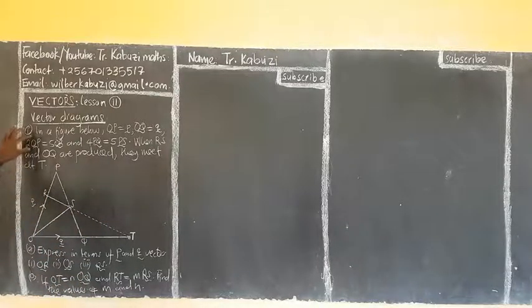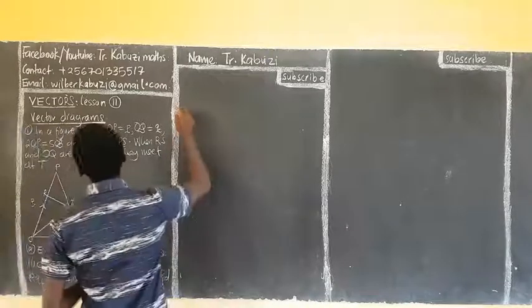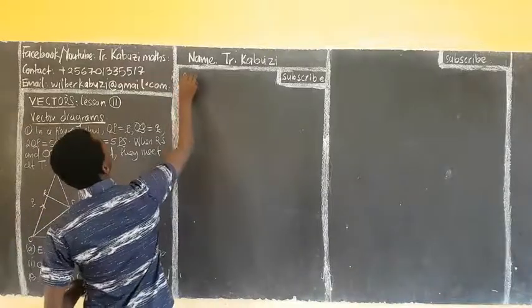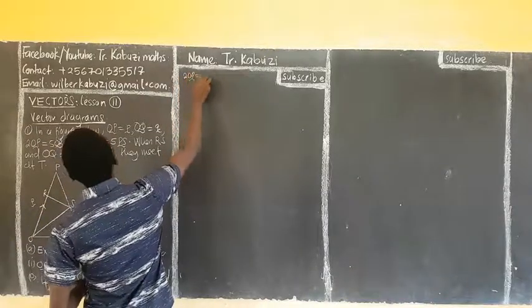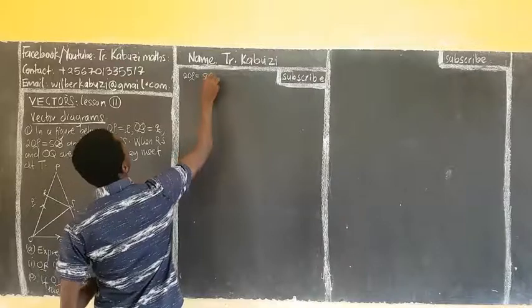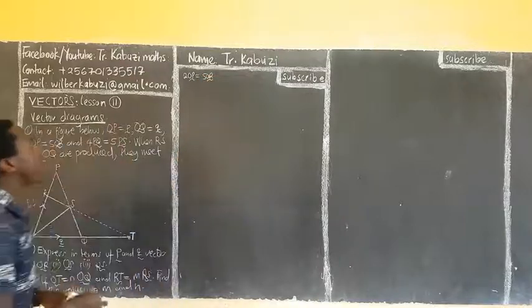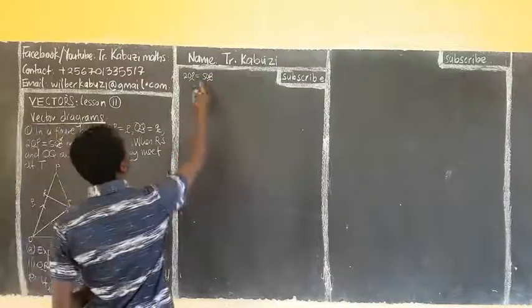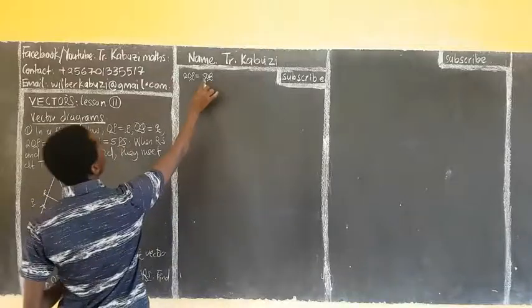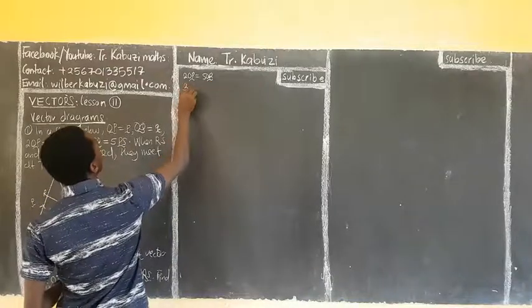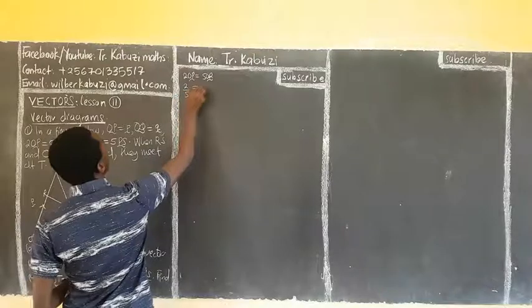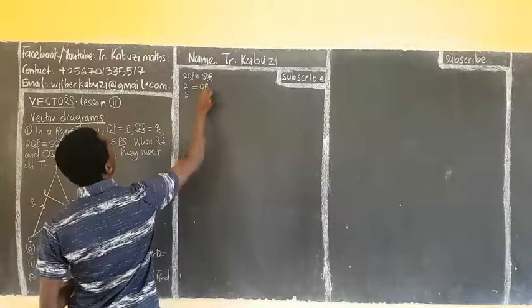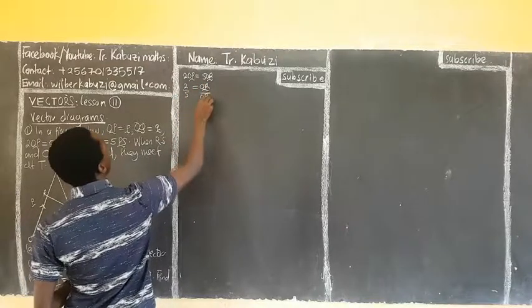What we start with is rearranging these ratios here. So from there, 2 OP is equal to 5 OR. We start by separating them the way you want. So 2 over 5 will equal OR over OP.